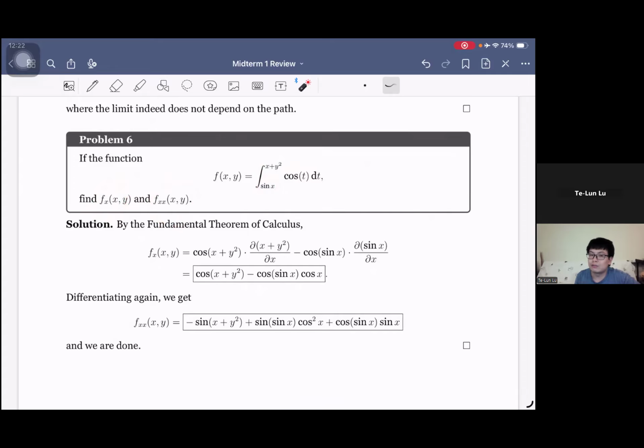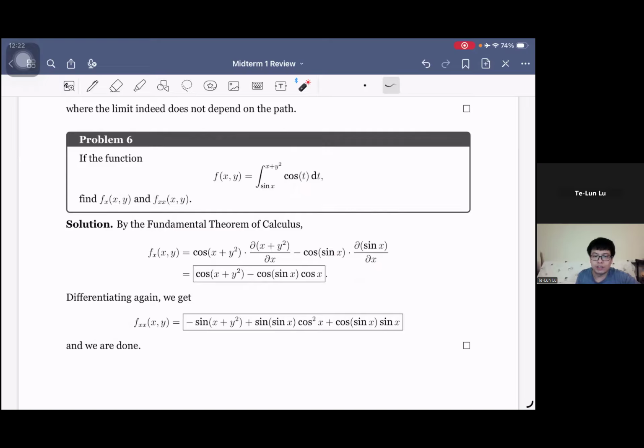So we go back to the Leibniz formula. It states that if I want to differentiate with respect to x, then we treat y as a constant. So we plug the upper bound inside cosine, and we differentiate the upper bound by x. The same thing happens for the lower bound: we plug in the lower bound and differentiate by x. And that is just algebra and single variable calculus.